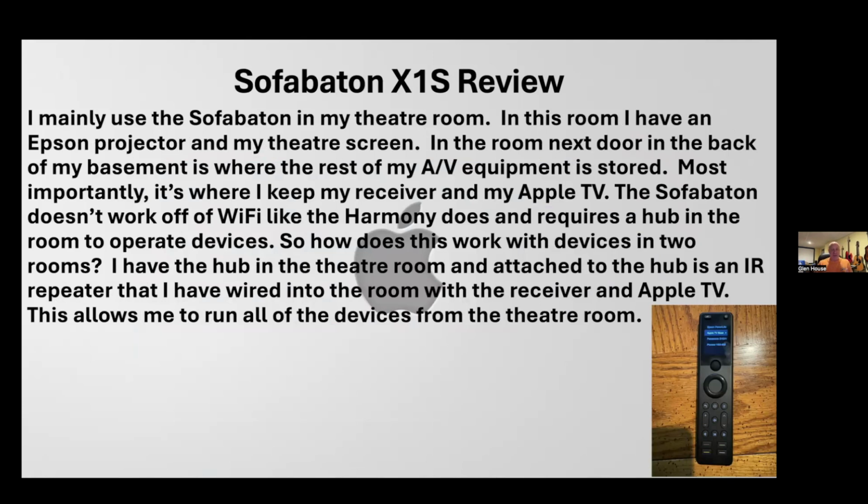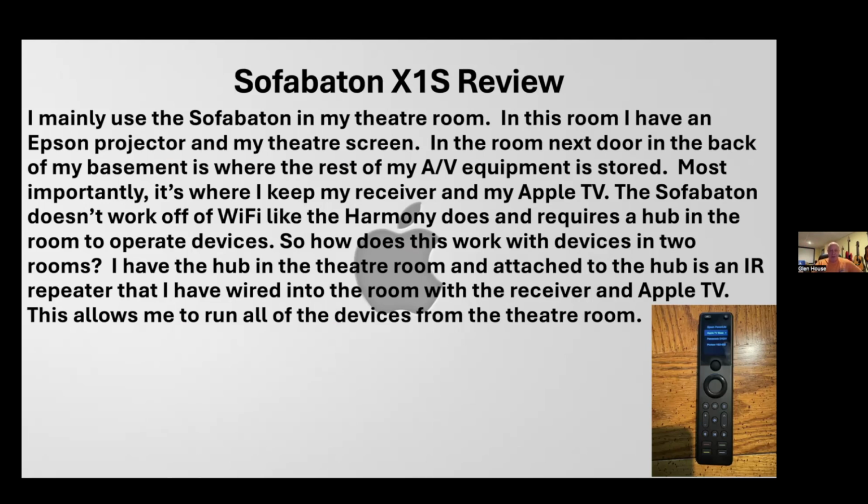Now, as I said, the Sofa Baton doesn't work off of Wi-Fi like Harmony, and it requires a hub in the same room to operate devices. So how do I use this with devices in two different rooms? Well, I've got the hub here in my theater room so that it can communicate with my projector here. It will operate my Apple TV in the next room, no problem, because the Apple TV is more advanced than the rest of my devices, and it operates through Bluetooth.